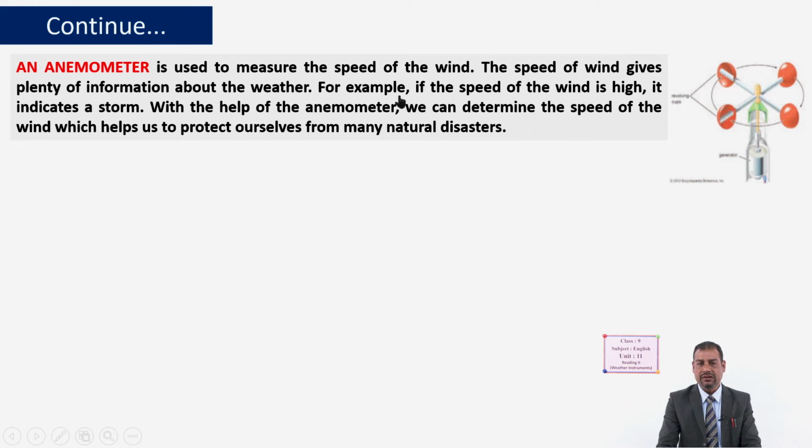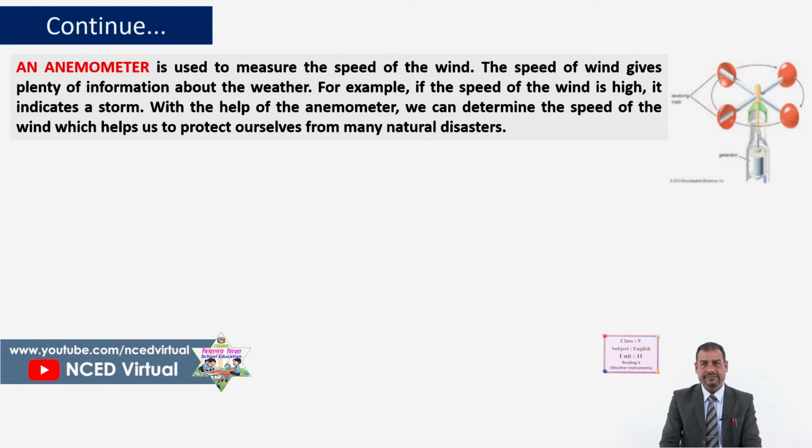For example, if the speed of the wind is high, it indicates a storm. With the help of the anemometer, we can determine the speed of the wind, which helps us to protect ourselves from many natural disasters. So you all read this paragraph once again.